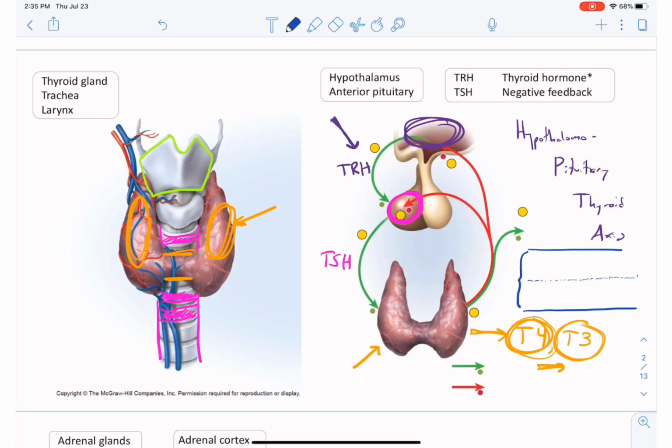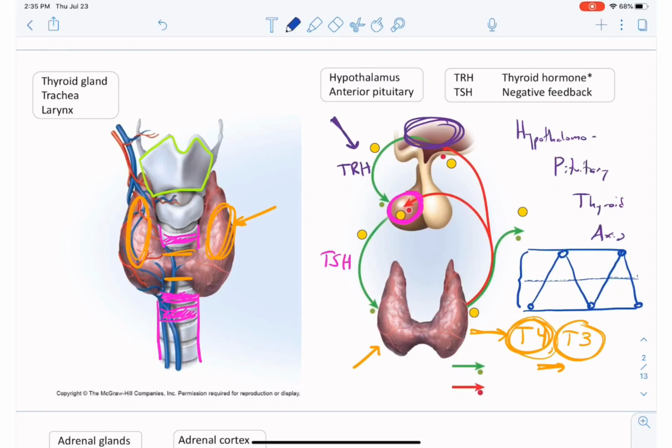And what's going to happen is that thyroid hormone levels are going to oscillate around this set point all throughout the day. They're going to be low, then they're going to increase, they're going to reach a high point, then they're going to go back down. They're going to reach a low point, then they're going to go back up, they reach a high point, then they go back down. And so they oscillate around this set point all throughout the day.